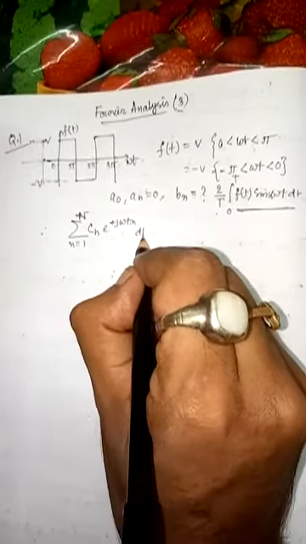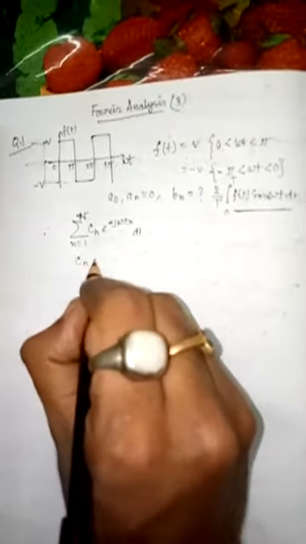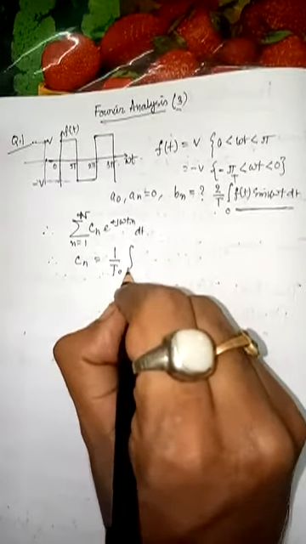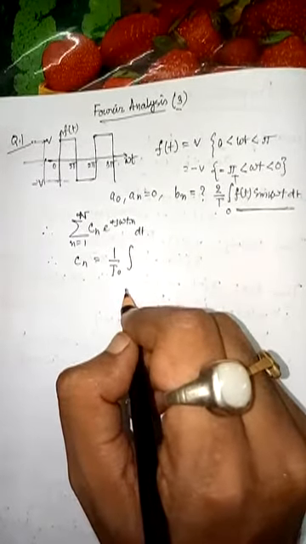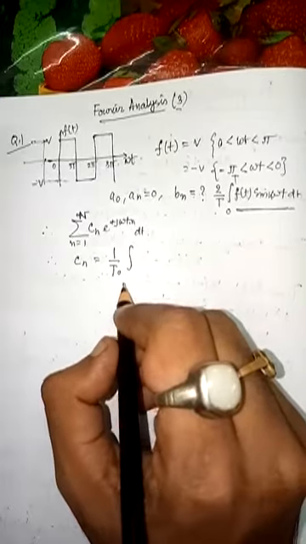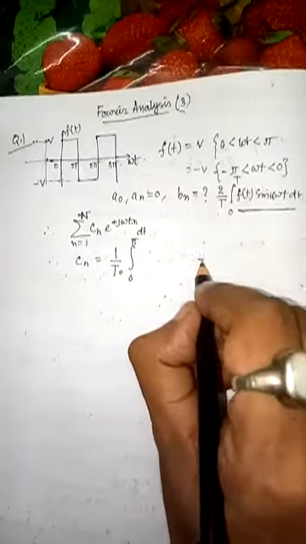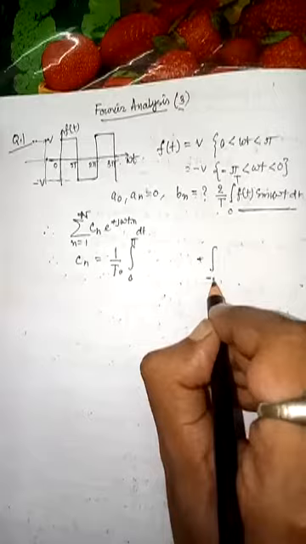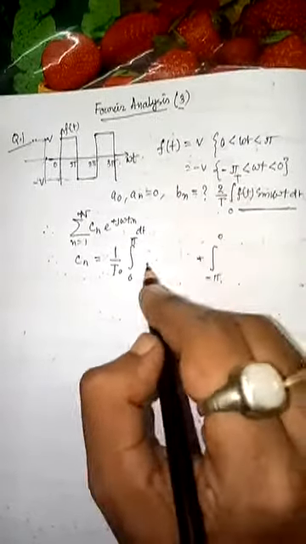How to evaluate cn? What is the formula for cn? You know that cn equals 1 by T0 integration of 0 to T. Here, what I am writing as 0 to T is 0 to 2 pi. So it is 0 to pi, and the other is minus pi to 0. You have to write the definition right from here.